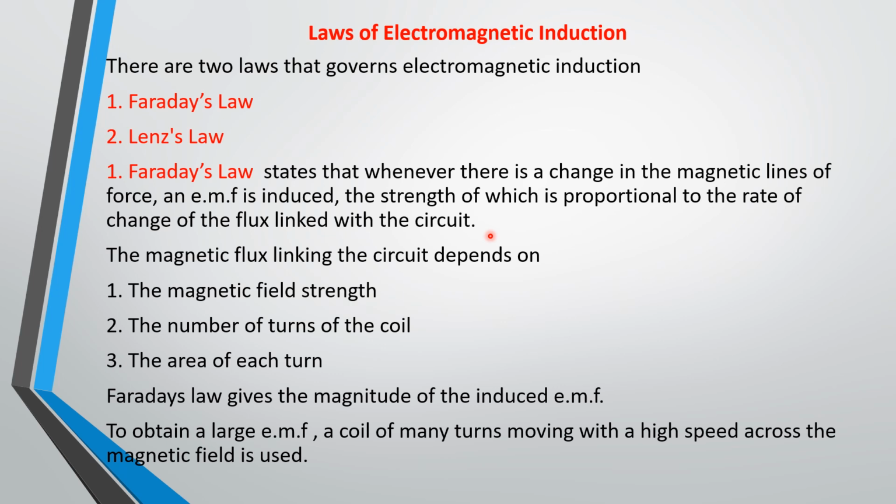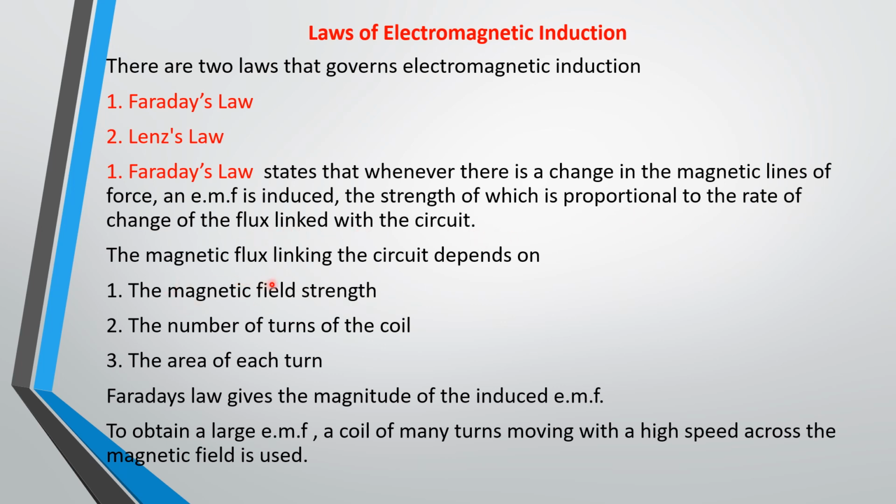The strength of the induced EMF is proportional to the rate, or to the speed, at which the conductor moves in the magnetic field. So that is what is stated here, proportional to the rate of change of the flux linked with the circuit, the same thing.